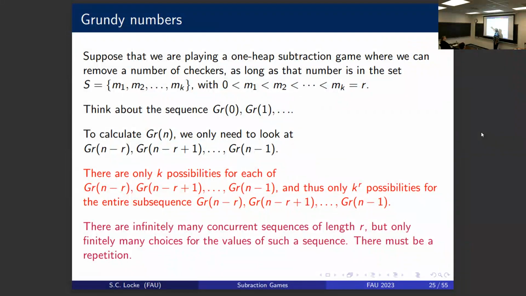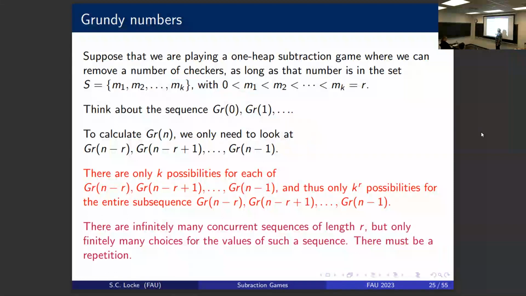When I want to calculate the Grundy number for n, I'm looking at n minus m1, n minus m2, up to n minus mk. I'm never looking further back than n minus r. So the Grundy numbers for n minus r plus 1 up to n minus 1, those are the only things which contribute to the Grundy number for n. Nothing before that really contributes to it.